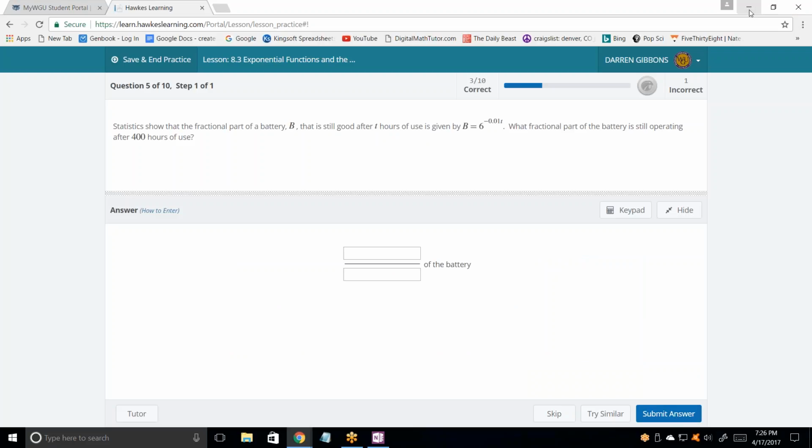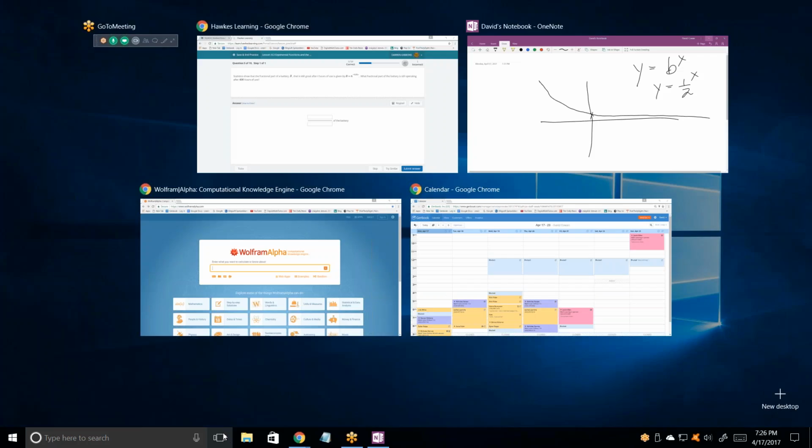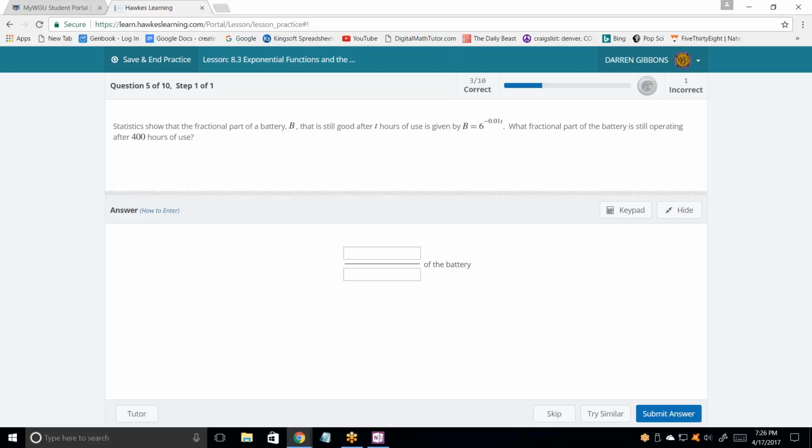Let's have you do this one just to make sure you can use Wolfram Alpha. Go to Wolfram Alpha, because you've got to have a way to do these. They're obviously going to give you some. Okay, let me write this problem down first, though.